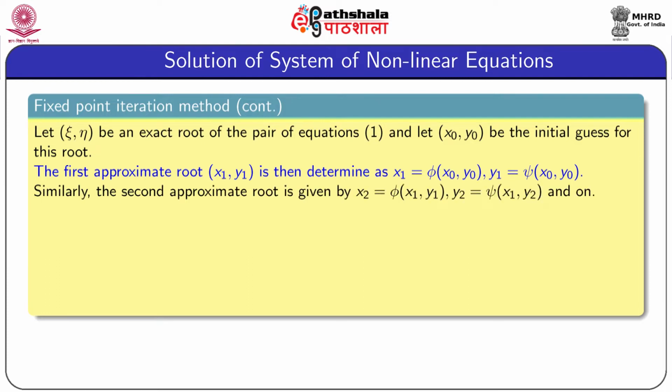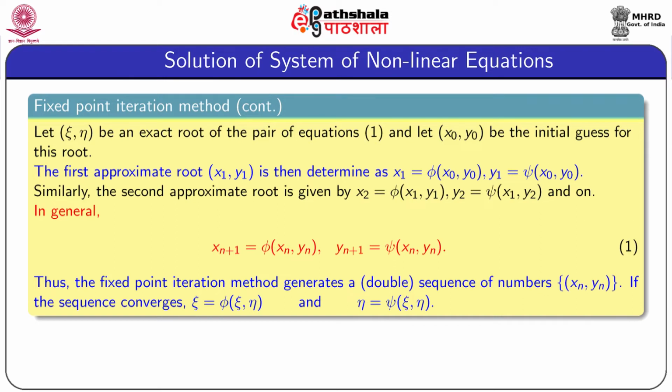Similarly, the second approximate root is given by x2 equal to phi(x1, y1) and y2 equal to psi(x1, y1), and so on. In general, x(n+1) equal to phi(xn, yn) and y(n+1) equal to psi(xn, yn). So, this is the general expression to get the values of x and y at the n plus 1 iteration.